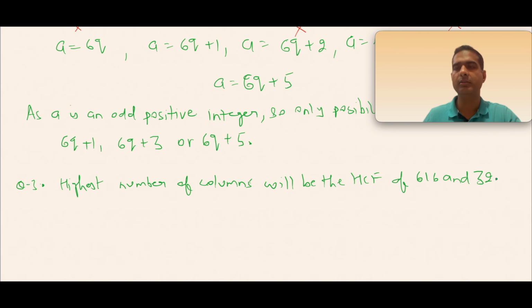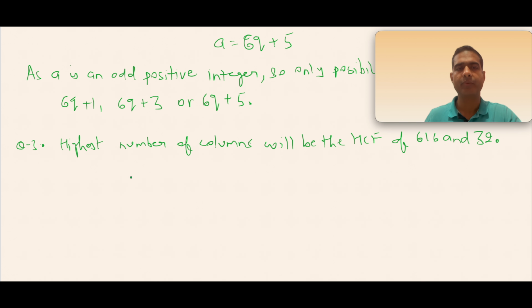Now we can see 32 is the smaller number, so we will divide 616 by 32. If we divide by 32, it will go 1 time. So 61 minus 32 is how much? 11 minus 2 is 9, and 5 minus 3 is 2. 6 will come down, 296.